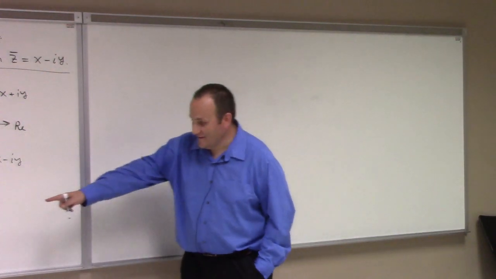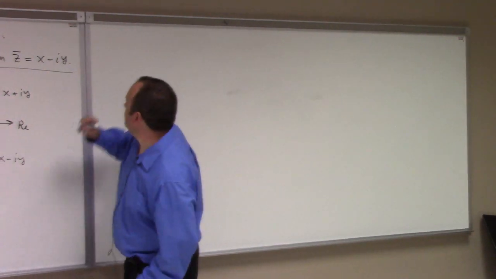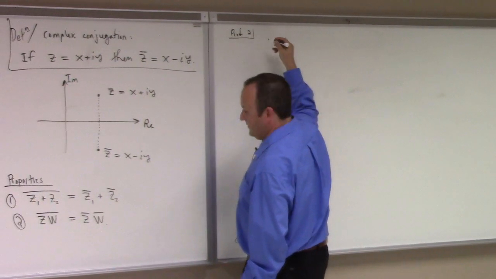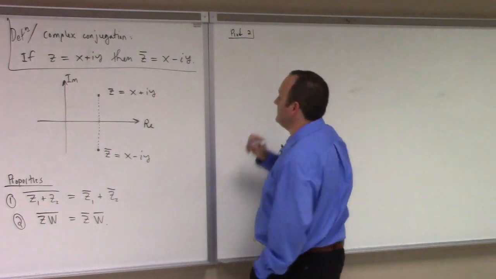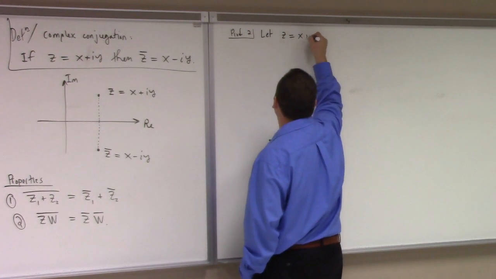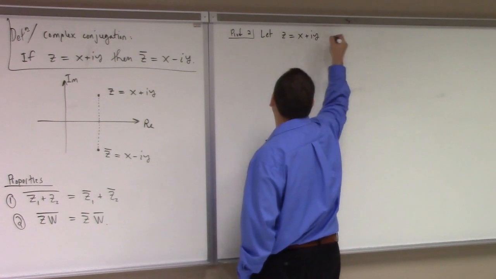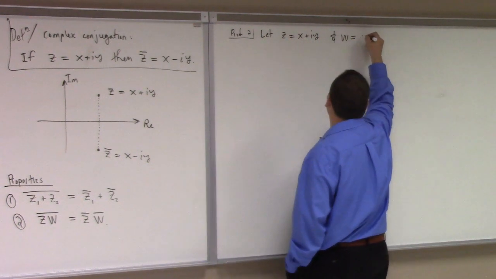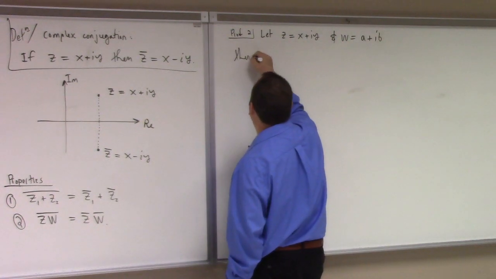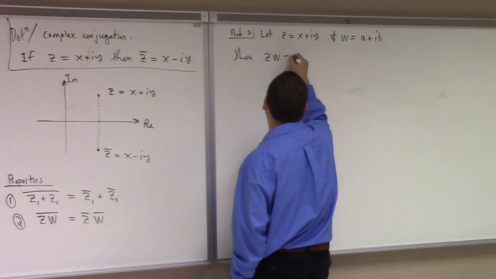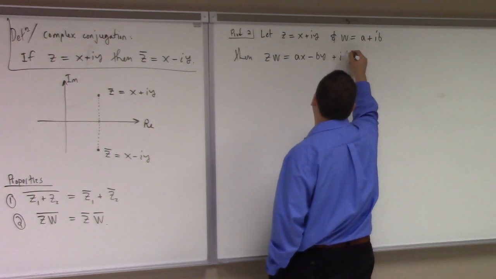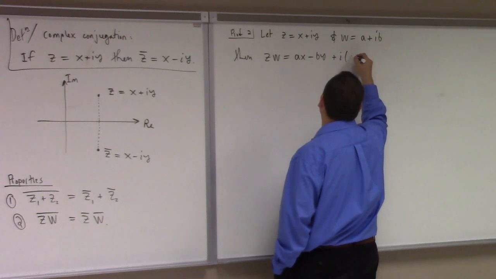Let me go on. So how to prove number 2? Because that would make an excellent test question, right? Prove this. How would you prove that? You let z equal x plus iy and w equal a plus ib, right? Then what is z times w equal to? We just defined this, right?